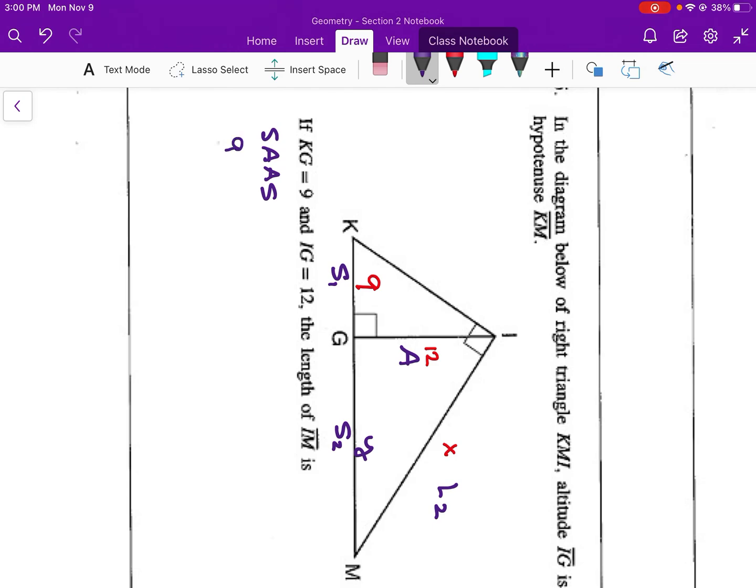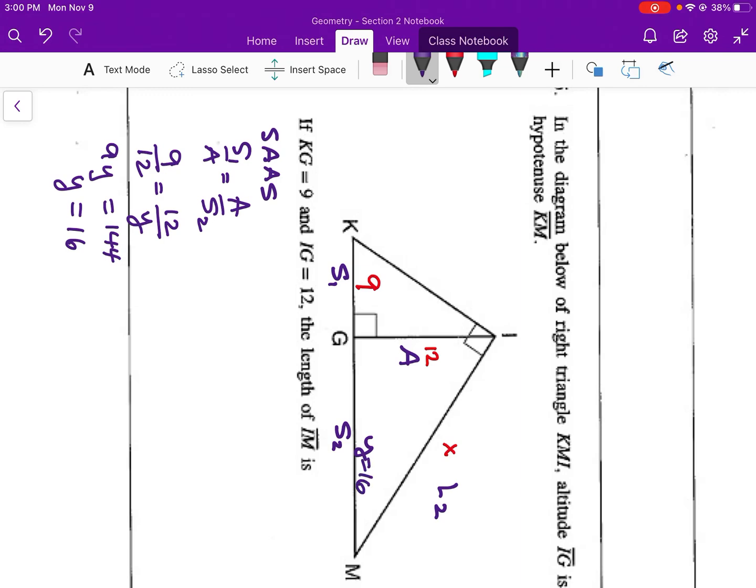So S1 over A equals A over S2. So 9 over 12 is equal to 12 over, I'm calling it Y. So 9Y equals 144. So divide by 9, Y equals 16.